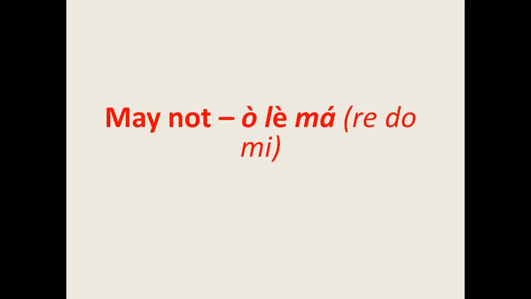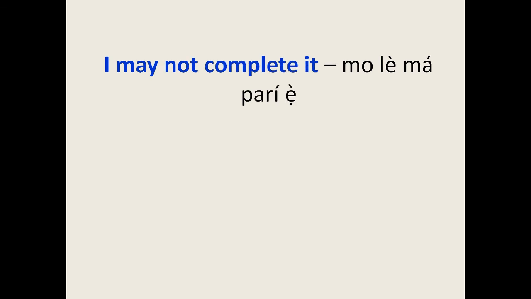So if it's now, I may not complete it. So I may not will now be mo lè má parí ẹ̀. Remember that complete is parí. So mo lè má parí ẹ̀, I may not complete it, or I may not be able to complete it. Something like that.